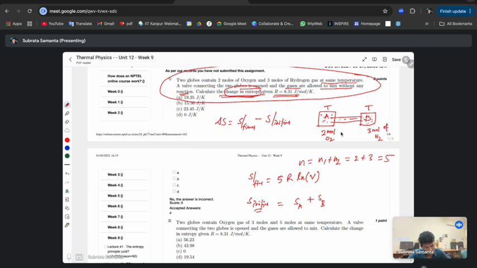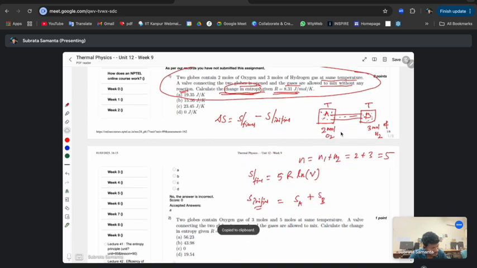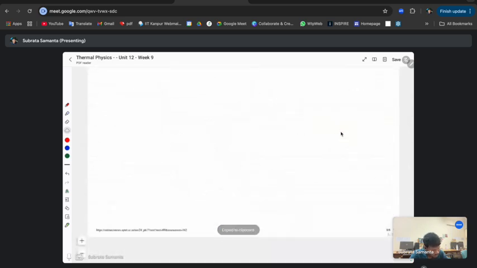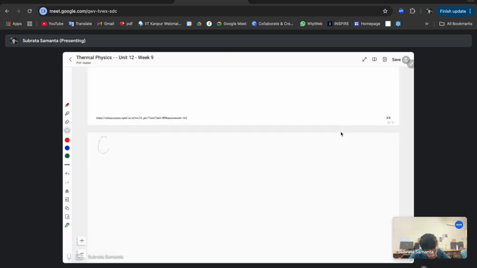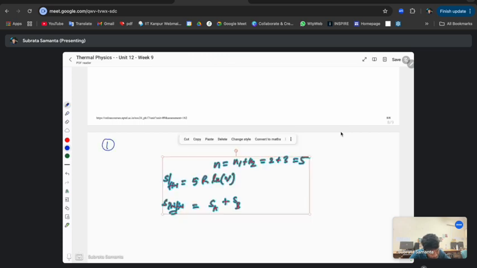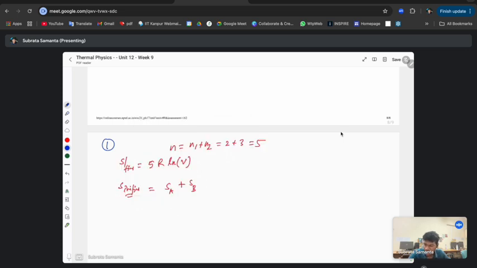If I go to the last page, yeah, this is problem number 1, and these are the information. What about SA?